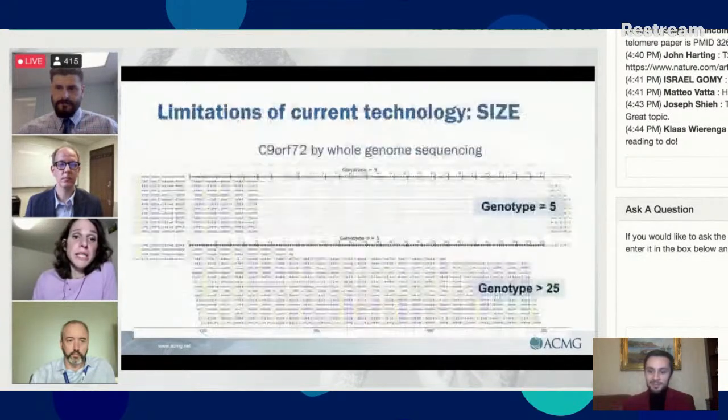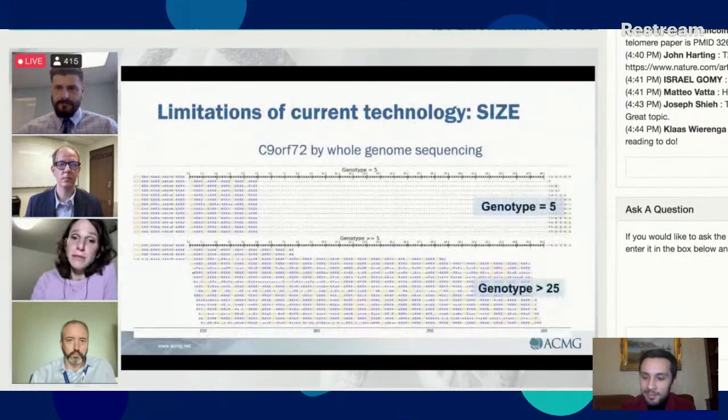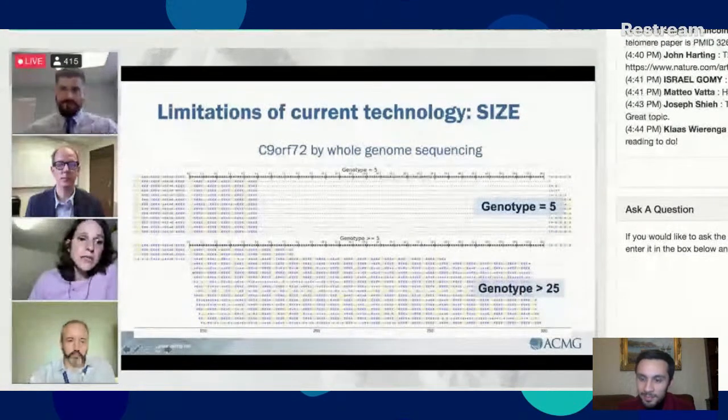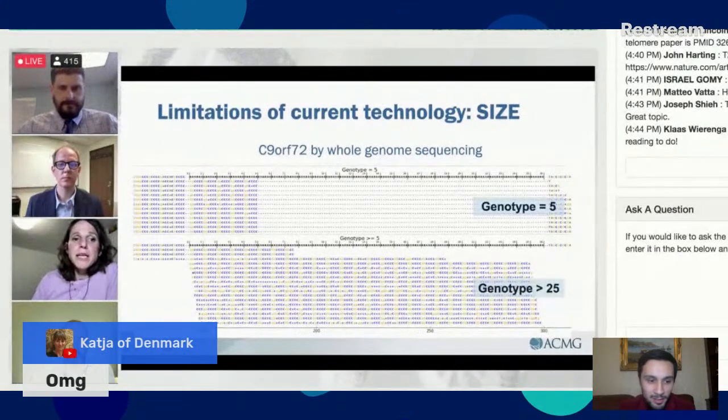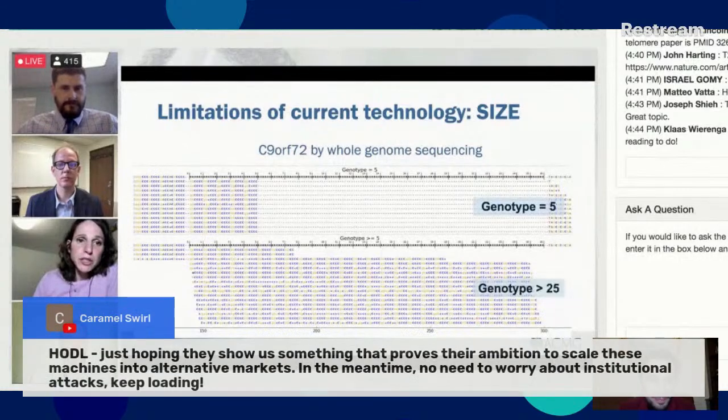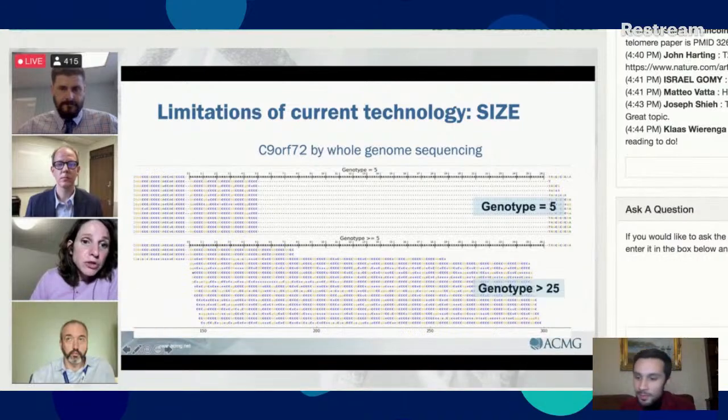The limitation really, as I showed you probably, and you've noticed in my other presentation, is the size. So this is just a bigger example of the pile-up graph showing the expansion in the patient that carries the expansion in C9orf72. Here you see the hexanucleotide repeat 5 times. These are the reads that support the short allele, so a genotype of 5.